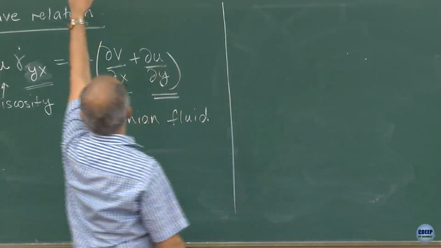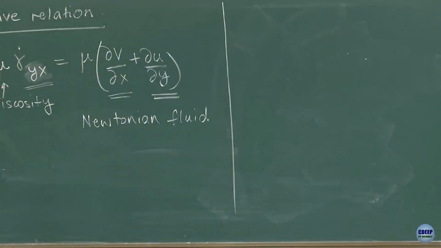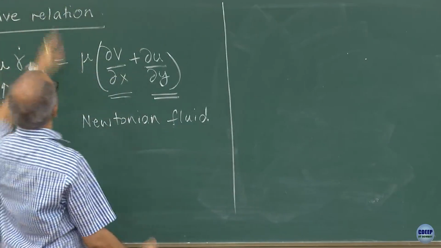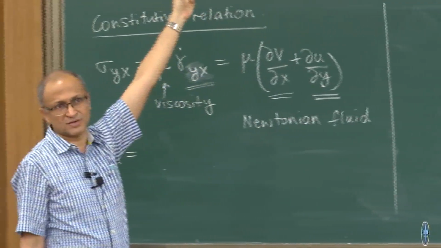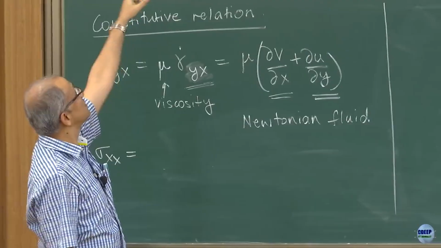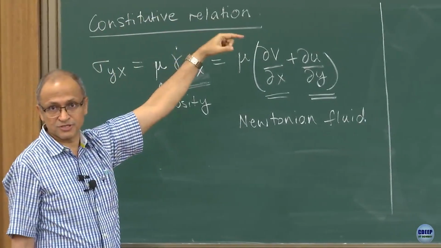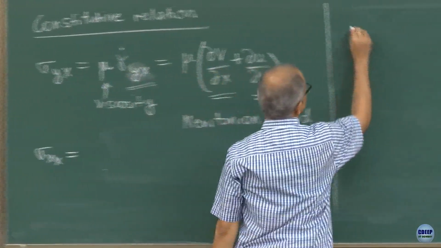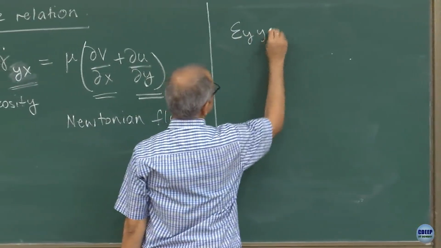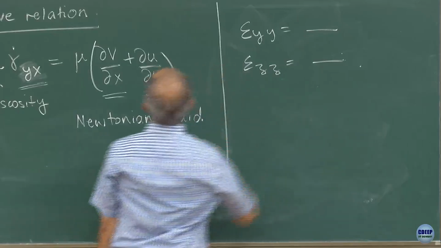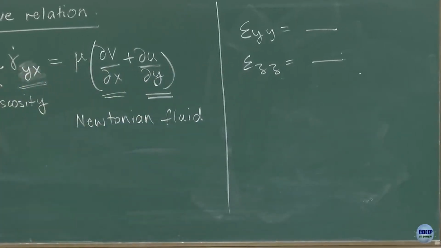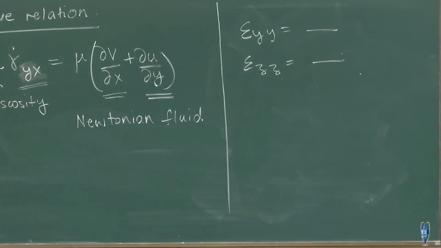From the equation given on the top left, if I have to write a similar equation for epsilon yy and epsilon zz, I can write it out in a similar manner, not an issue. Then I add up the 3 equations. I'm not going to write out these equations; you can complete that exercise yourself.